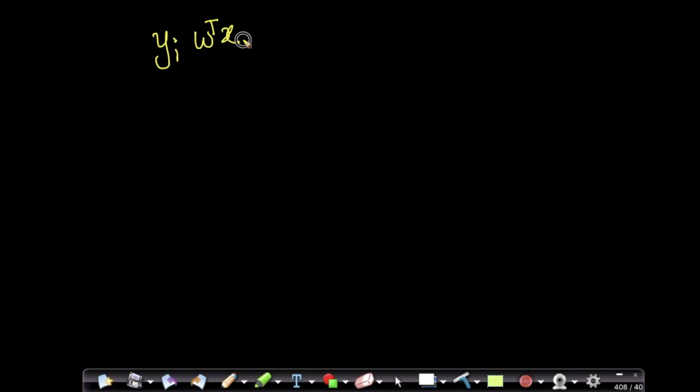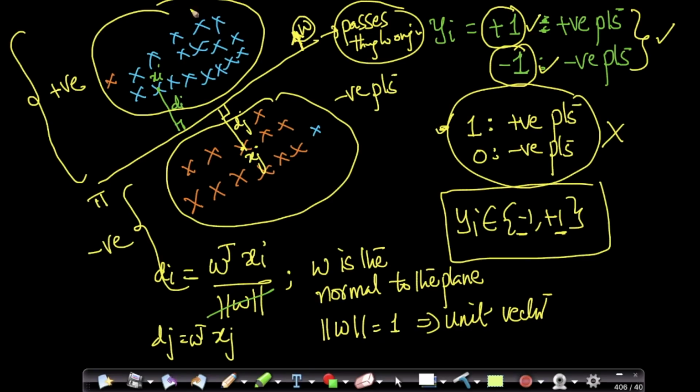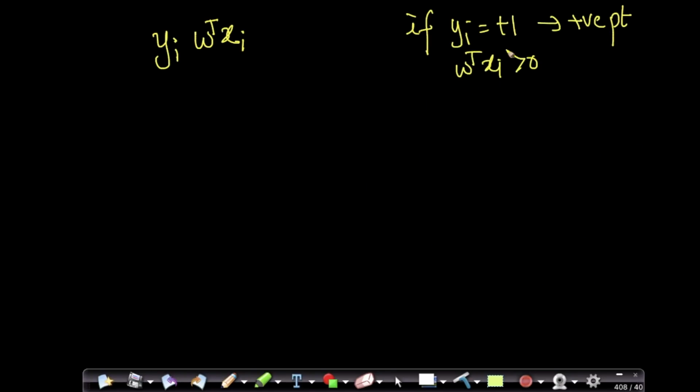So if yi W transpose Xi, let's see what happens to this. If yi is +1, which means it's a positive label data point, and W transpose Xi is also greater than 0, what does it mean? My classifier is saying it's a positive point. So if the actual class label is positive, this implies my classifier is saying that it's a positive point. So what happens to yi multiplied by W transpose Xi?